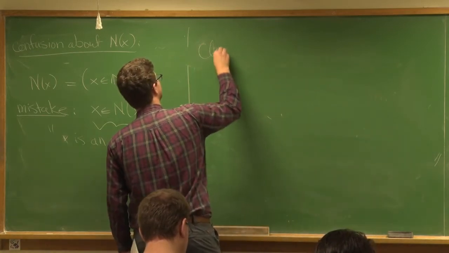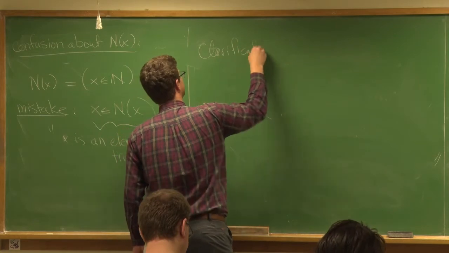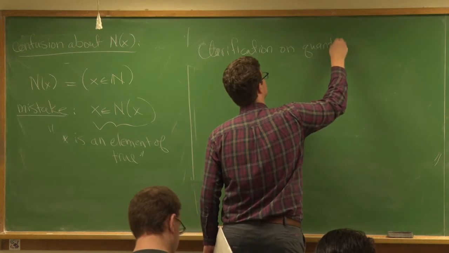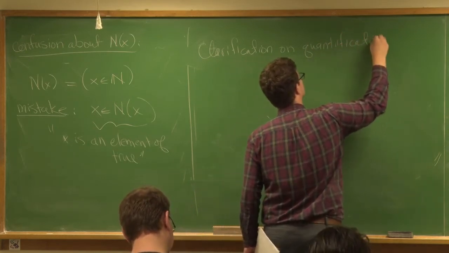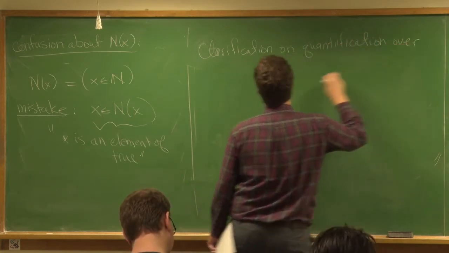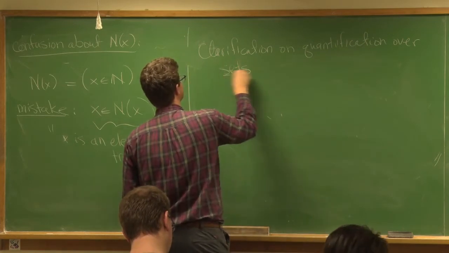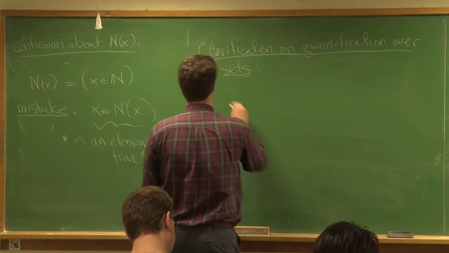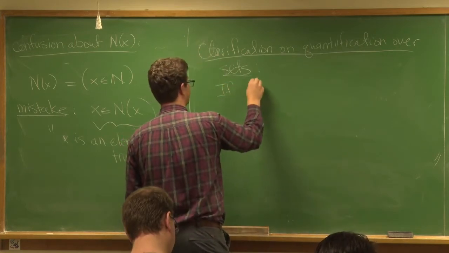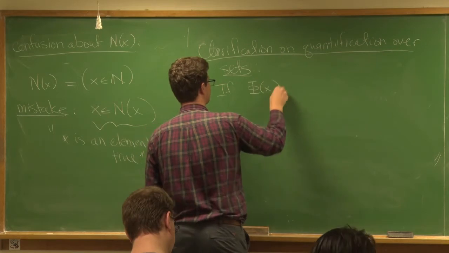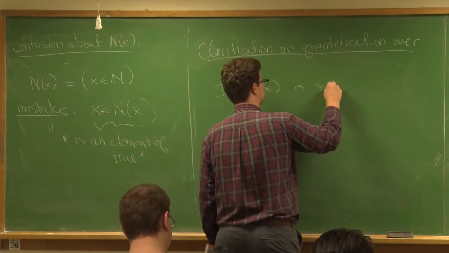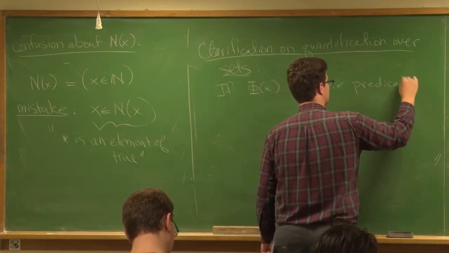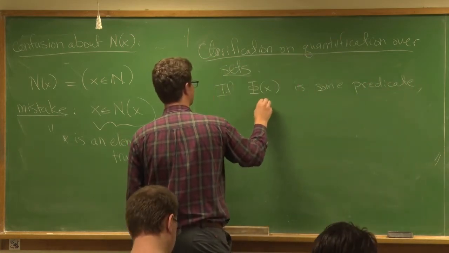So here's a clarification on quantification over sets. Okay? So if, I don't know, here's a big phi. So phi of x is some predicate. And S is some set.